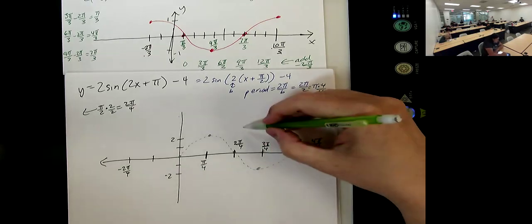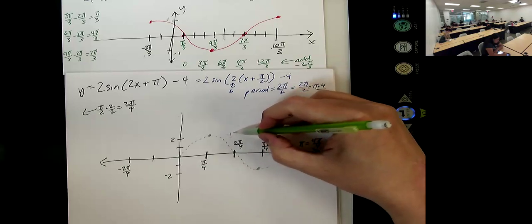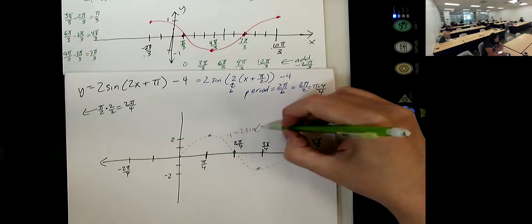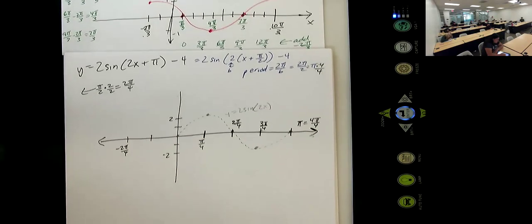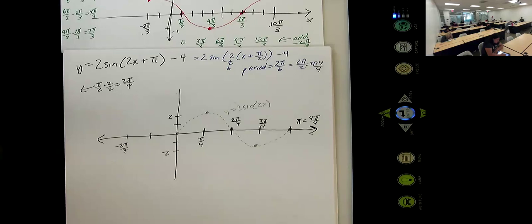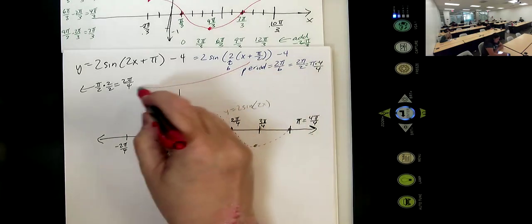So that's 2 sine 2x right there. So this is giving me my shift left.